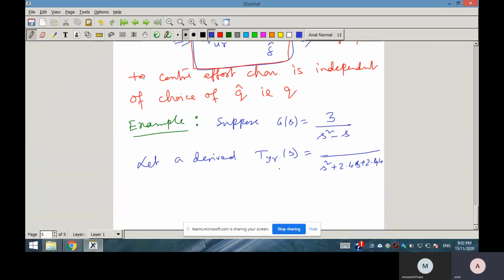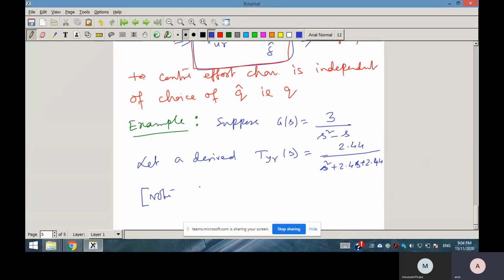To have steady state tracking, T_YR(0) must equal 1, so that the reference input tracks the output without any steady state error. So it should be 2.44, so that the DC gain of this transfer function T_YR(0) will be equal to 1. So now you can see why I have chosen this.